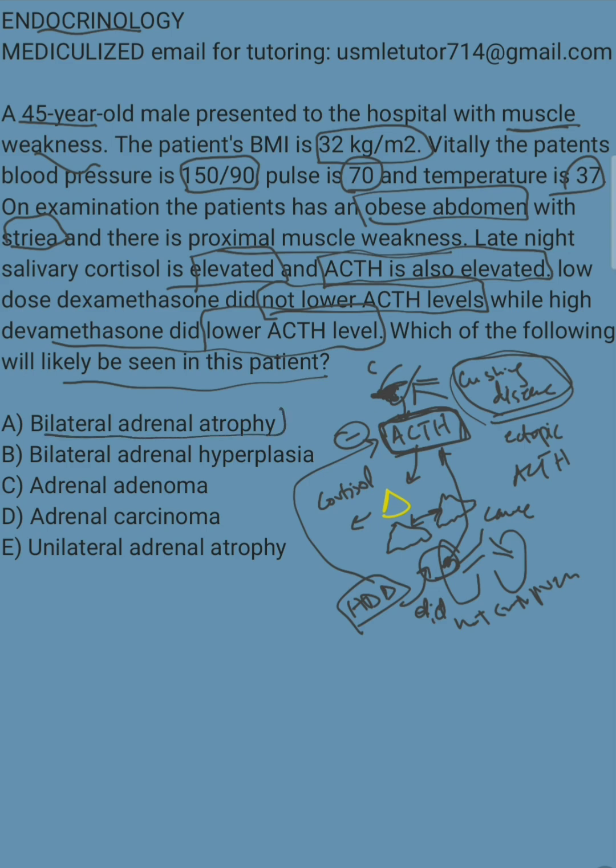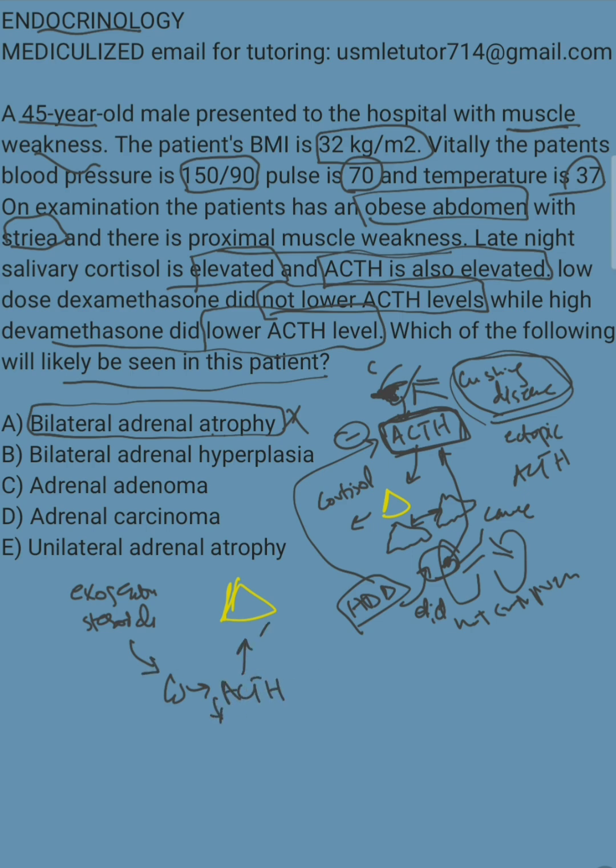So bilateral adrenal atrophy, that is a wrong answer, and the reason is that this is going to be seen in exogenous steroids. Let's say this is your adrenals, and let's say exogenous, which is the most common cause of Cushing's. If someone is taking exogenous steroids, they are going to go to your pituitary and suppress ACTH.